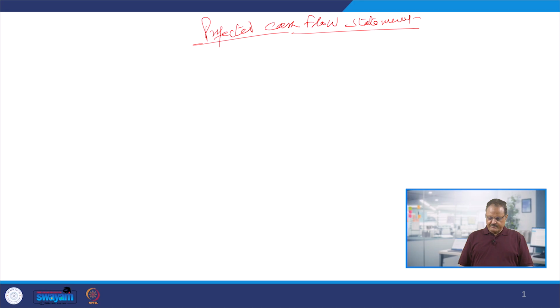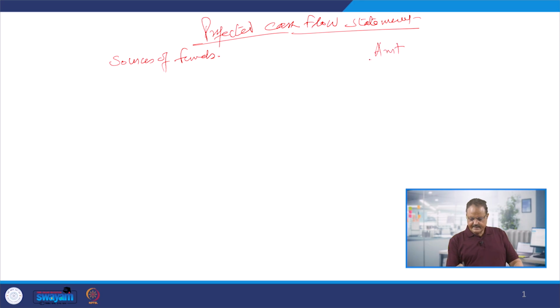For preparing this projected cash flow statement, we have to make two columns. One column is of the sources of funds, and then we have to put here the amount, right. This is the sources of funds and this is the amount here, and after putting all the sources here, then we will go for the next thing, that is application of the funds.